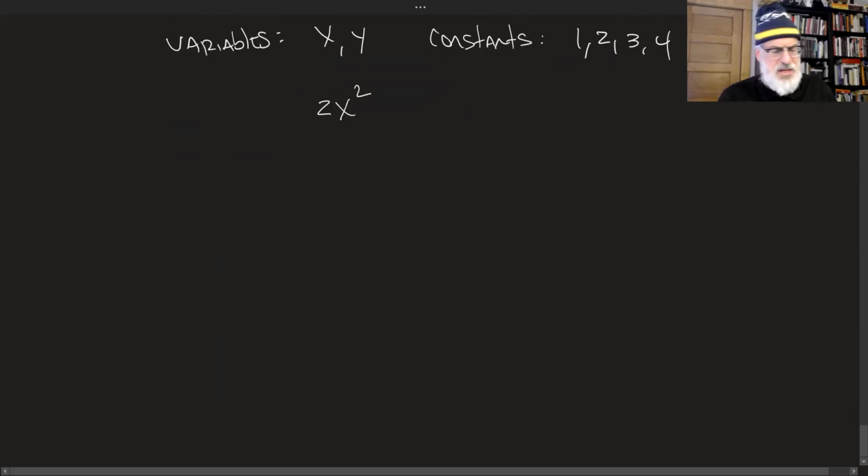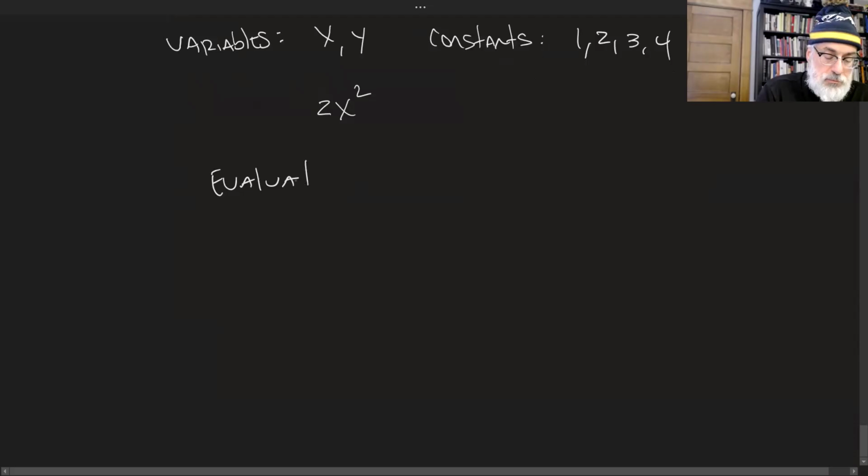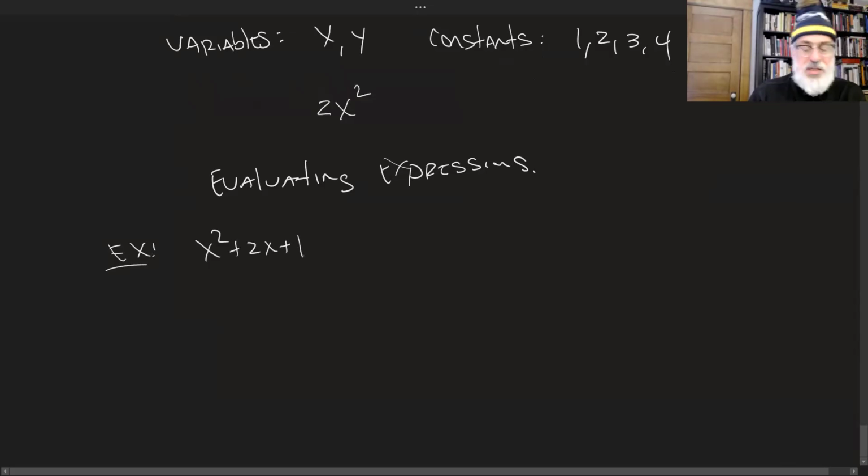Let's evaluate some expressions. So we're going to take some random expressions. For example, x squared plus 2x plus 1. It's an expression.